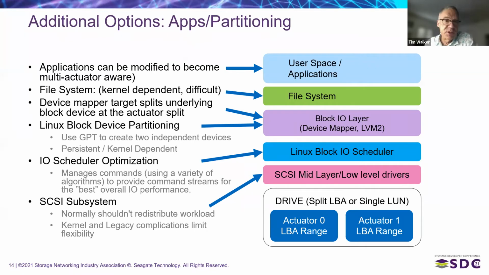We haven't pursued that really at this point. It seems awful complex and variable, with the potential of side effects and imbalance, and how does the file system really have the knowledge to allocate efficiently across the two actuators to keep them busy?